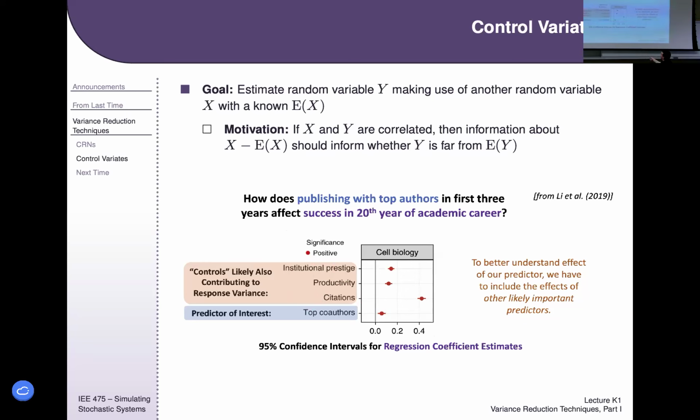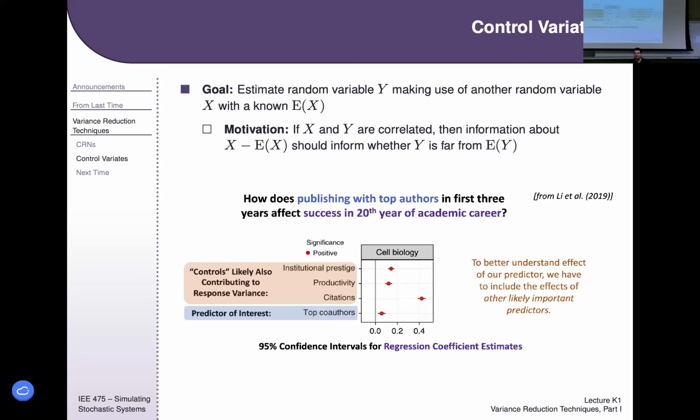By also measuring these things and how much noise they create, they could create a tiny confidence interval here and measure the small but apparently significant effect of the thing they were focused on, top co-authors.